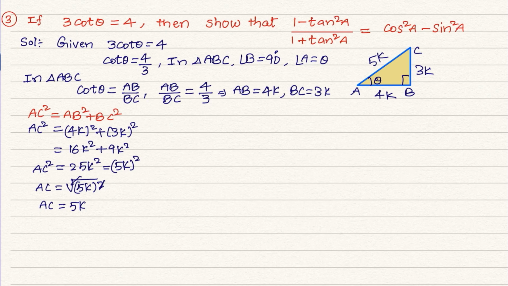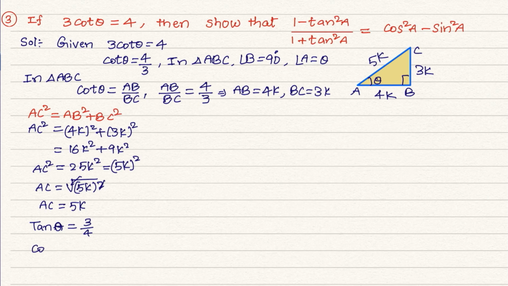So since tan A is reciprocal of cot A, tan A value directly we can write. Tan theta is equal to, cot theta is equal to 4 by 3. So tan theta is equal to 3 by 4.